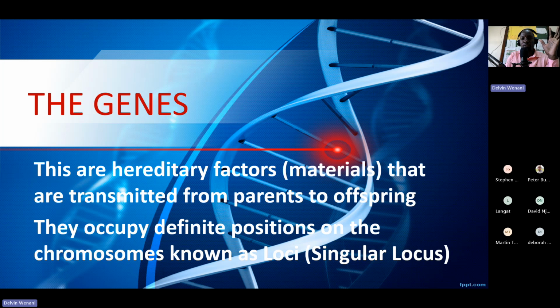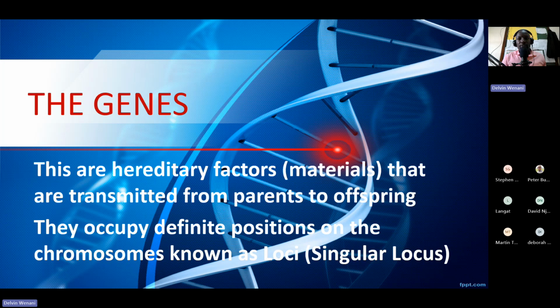Genes are found on a chromosome, and they carry the structure, features and characteristics of the parent and transmit them to the offspring. This is because of what we call sexual reproduction. Remember, the genes transmit characteristics only through sexual reproduction, where the male and female gametes fuse.